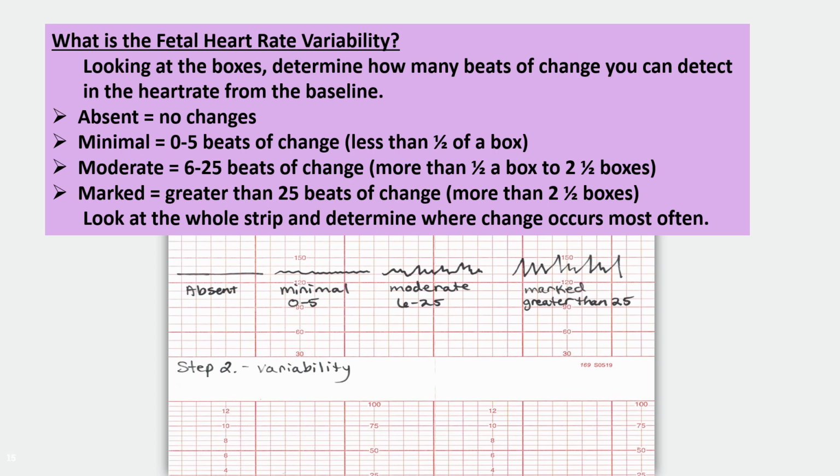There's a lot of artifact because it's a wire and it kind of rubs against things, and so you might get some artifact. Another theory is that the baby has arrhythmia. Sometimes we might see that, and usually we can hear it with our ears if the baby has a skipped heartbeat or an arrhythmia. So that's kind of what we think about with marked variability.